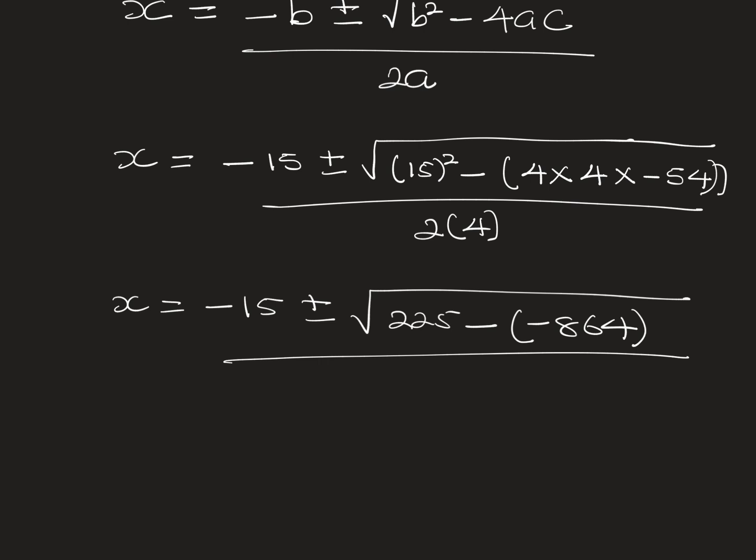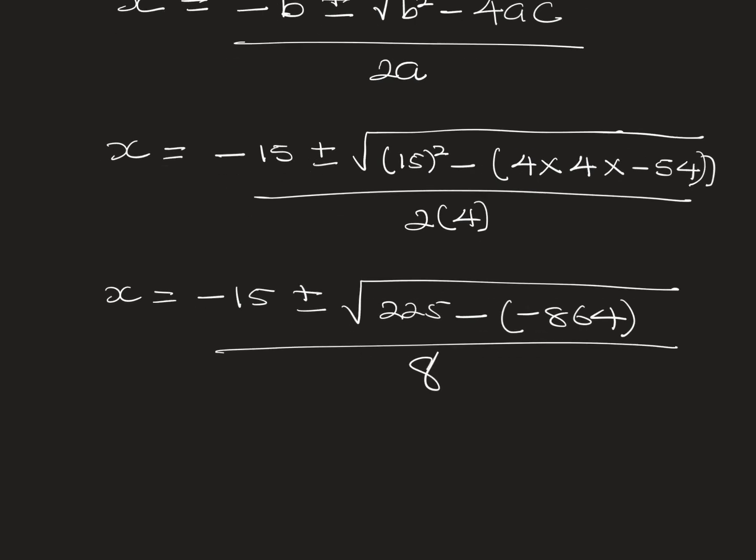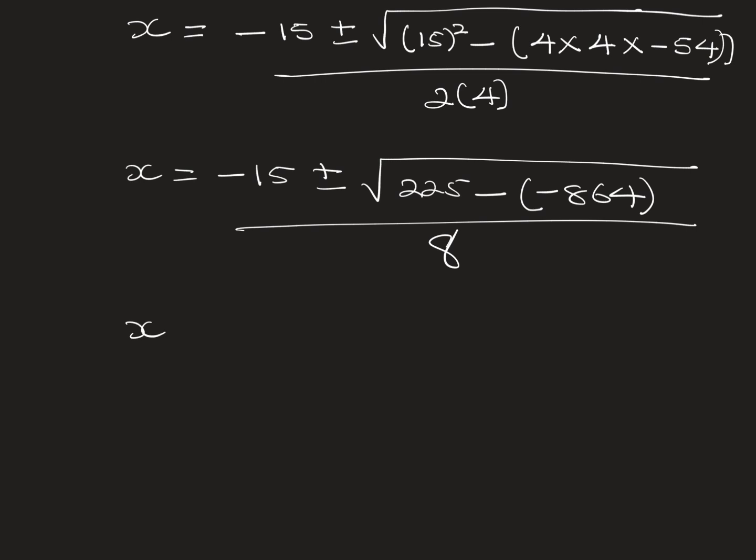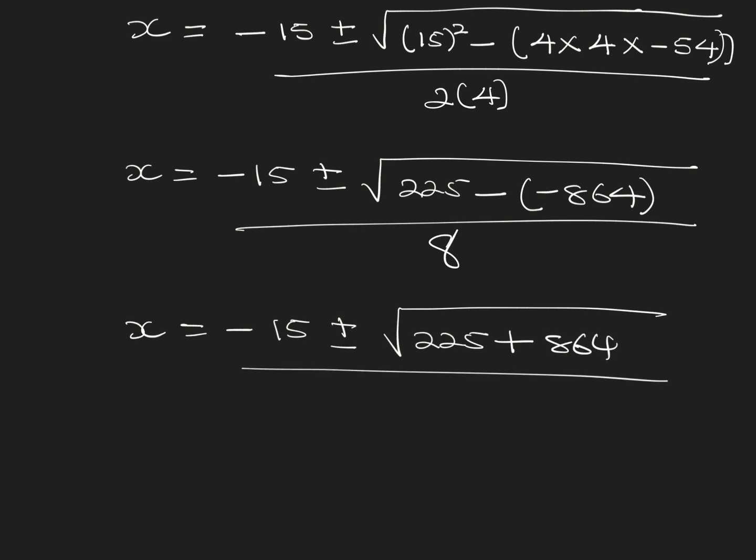Divided by 2 times 4, which will give you 8. So x is equal to minus 15 plus or minus the square root, because we have two negatives, that will be 225, negative will be positive. So that will be positive 864, divided by 8.